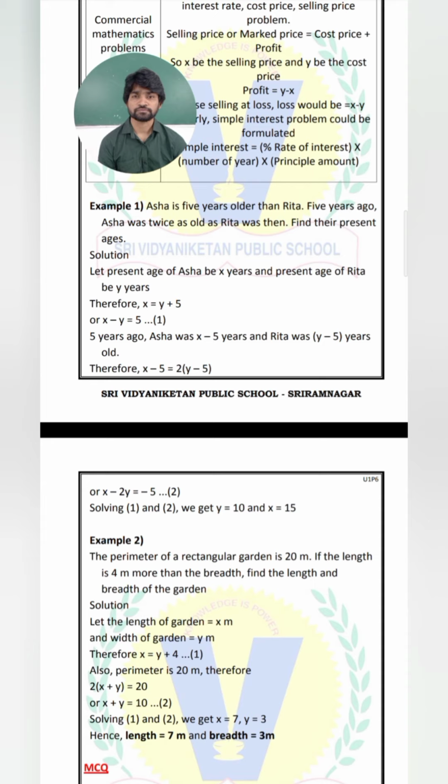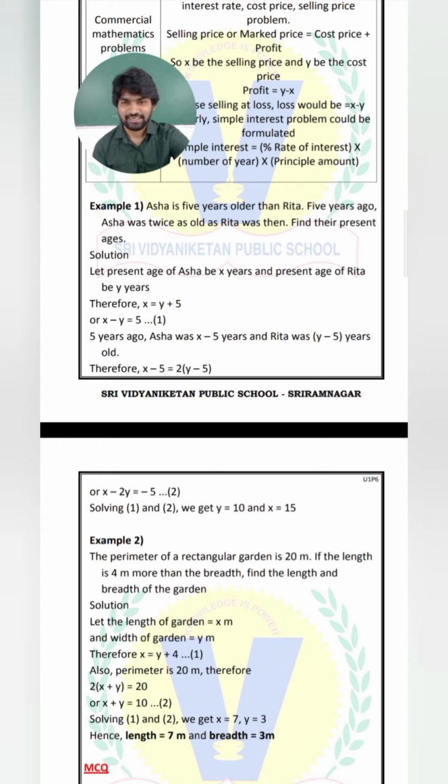So x minus 5 equals twice. What is the meaning of twice? 2 times. So 2 times Rita's age. Rita's age how much 5 years ago? y minus 5. So x minus 5 equals 2 into y minus 5. So we got our 2 linear equations. By this we can solve the question.